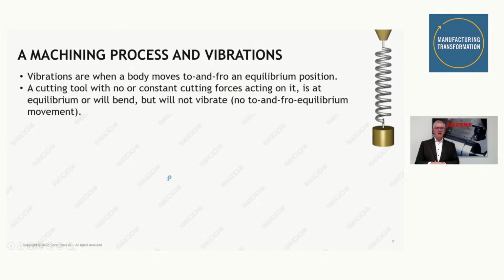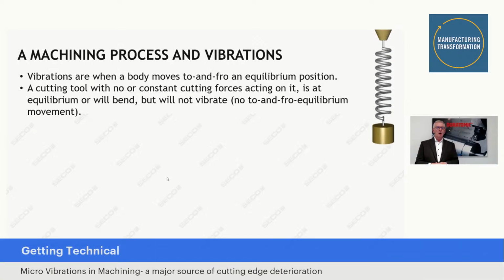A cutting tool on which there are no cutting forces acting, when we don't use the cutting tool, or when the cutting forces are constant in size and in direction, will either stay at its rest position, its equilibrium, or will bend but stay stable, fixed.